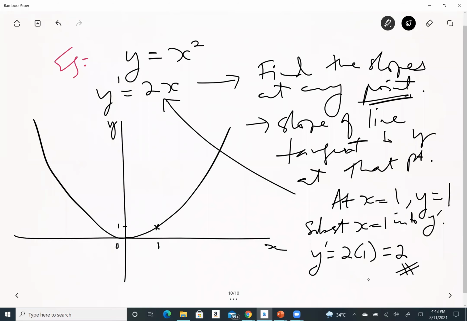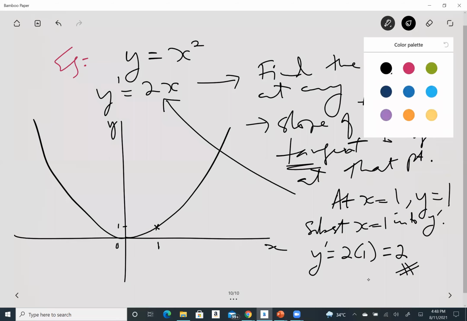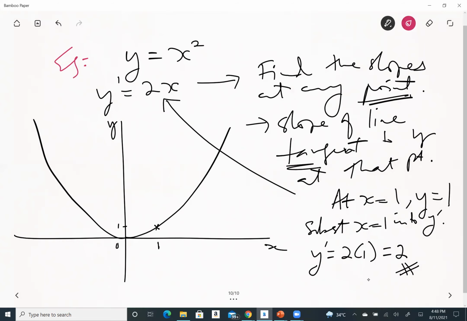It's the slope of the tangent line to the curve at that point, so you just draw the straight line tangent to the curve there. That is the slope, m equals 2.